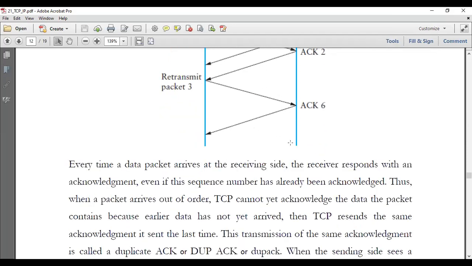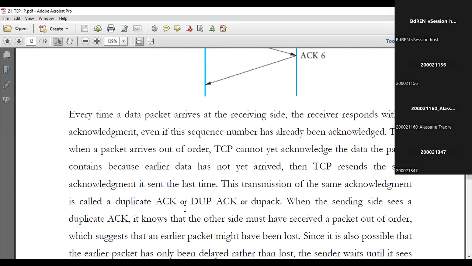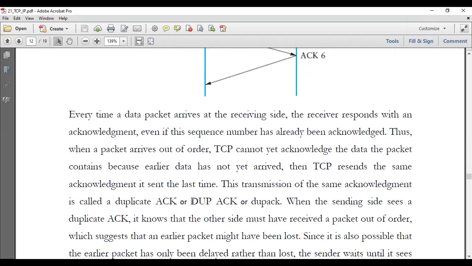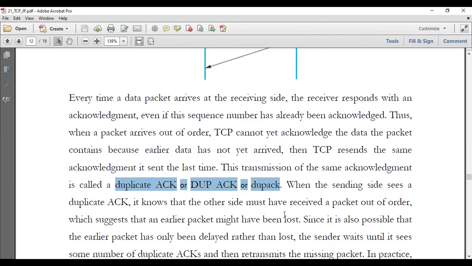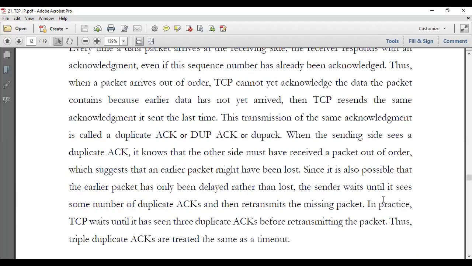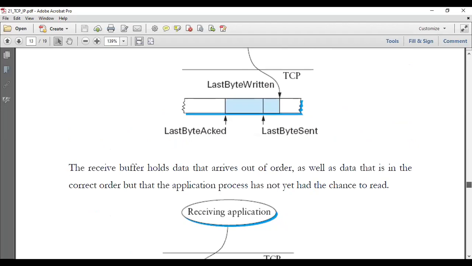These are called duplicate ACK, or dup ACK in short. You may come across this term in future, so I just wanted to mention it.